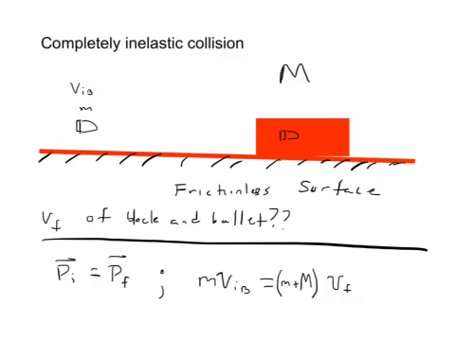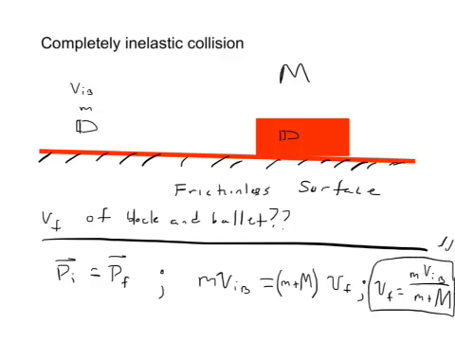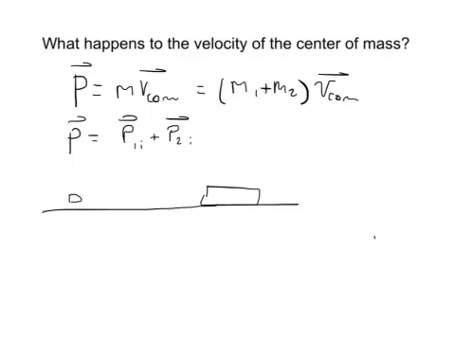So quite simply, we see that the final velocity of the whole system is just the mass of the bullet times the initial velocity of the bullet divided by the total mass of the system. This is a very helpful equation that we can use for inelastic collisions.